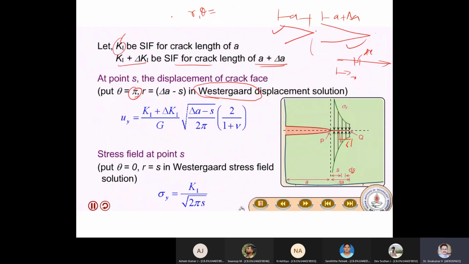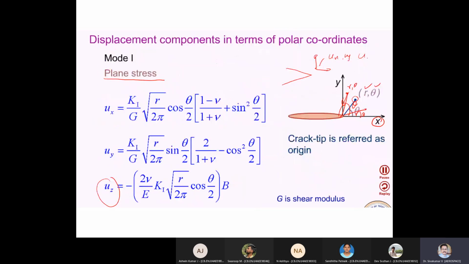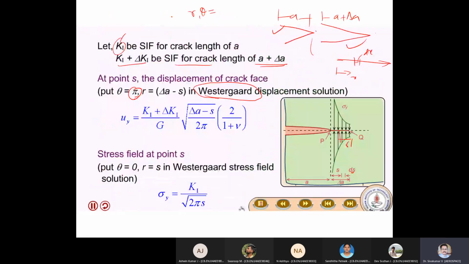You can find sigma y. I will tell you later, when you put values in the similar solution, you will get it. There are similar solutions to find sigma x, sigma y, tau xy. It looks like a similar equation, which I will show you later. You put the values of r and theta.